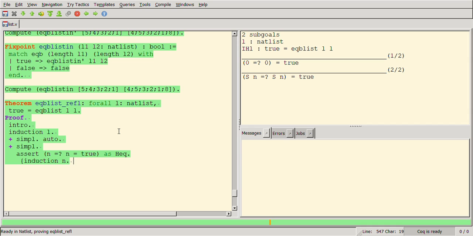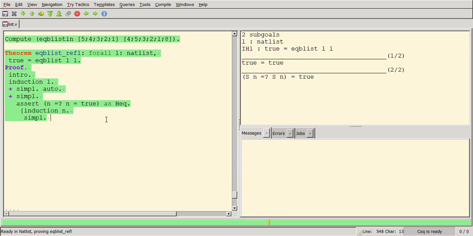We would get two sub goals, and we can focus on the first sub goal by just simplifying it. So we would get true on both sides, and we can close this sub goal with auto, and the second sub goal would appear automatically.